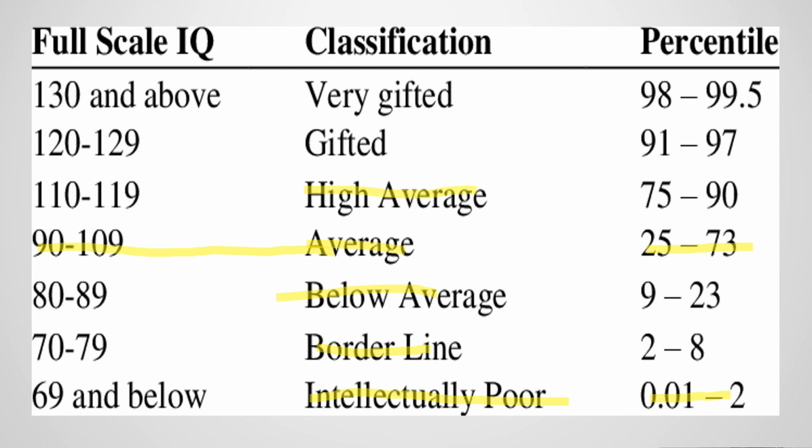High average group, gifted 110 to 129, and 132 and above IQ, 98 to 99 percentile means how much difference here? Only 1.5 percent of people may come under very gifted children. So this table may help you to understand how we can identify their classification on the basis of the IQ.